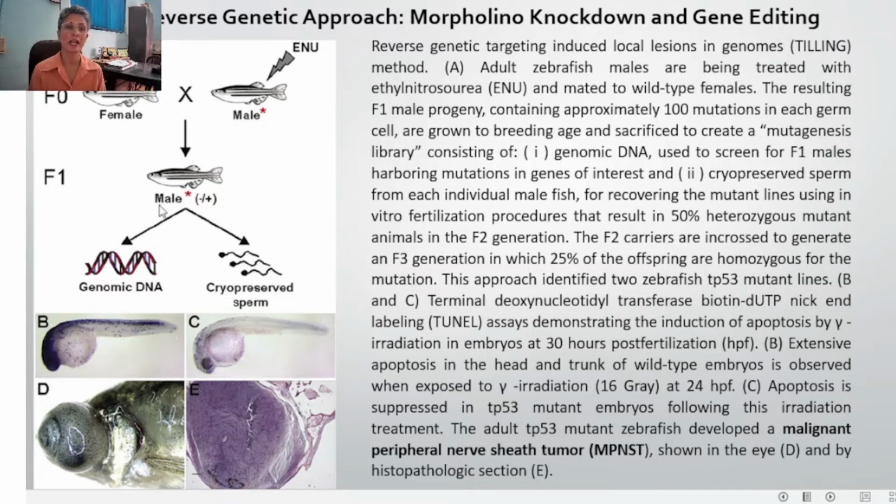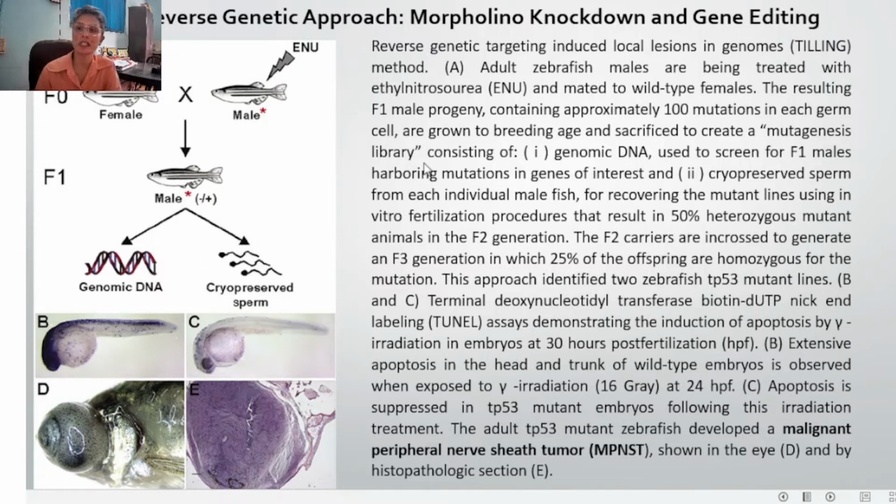The resulting F1 male progeny contain approximately 100 mutations in each germ cell, and are grown to breeding age and sacrificed to create the mutagenesis library.